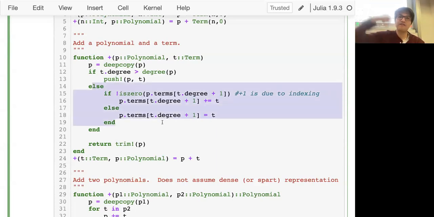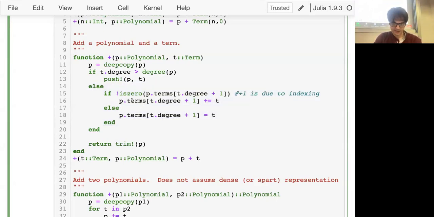Otherwise, you just have to scan through to try to find it. And so this is what this is doing. Let me see, where is it that we find? Here's where we find it, in which case we're just increasing the coefficient of that term by T. And this is where we don't find it and where we're doing an insert. So here we're using indexing because this is a vector.